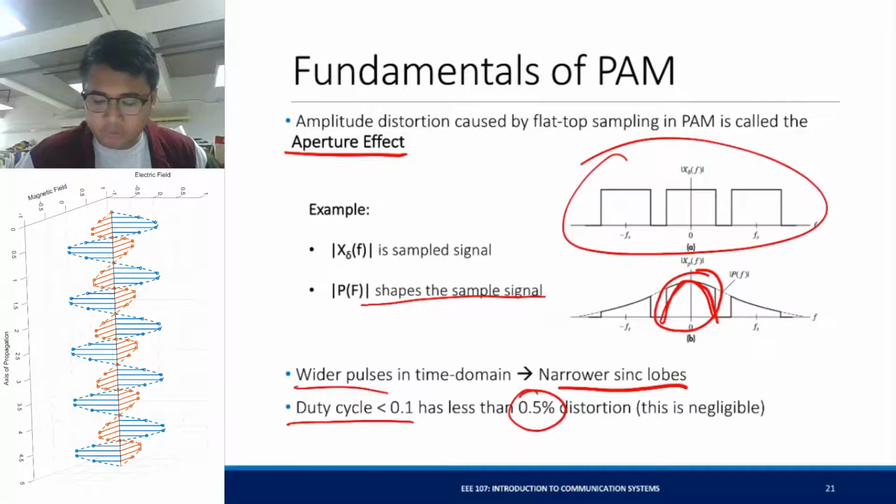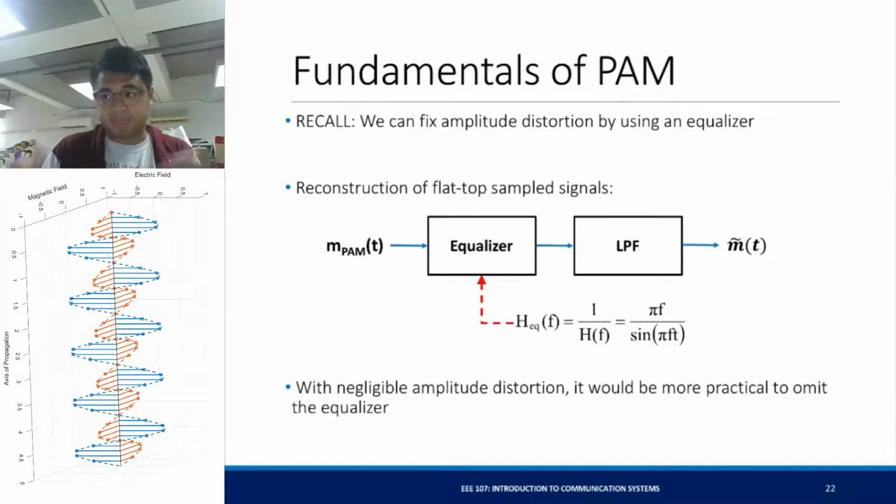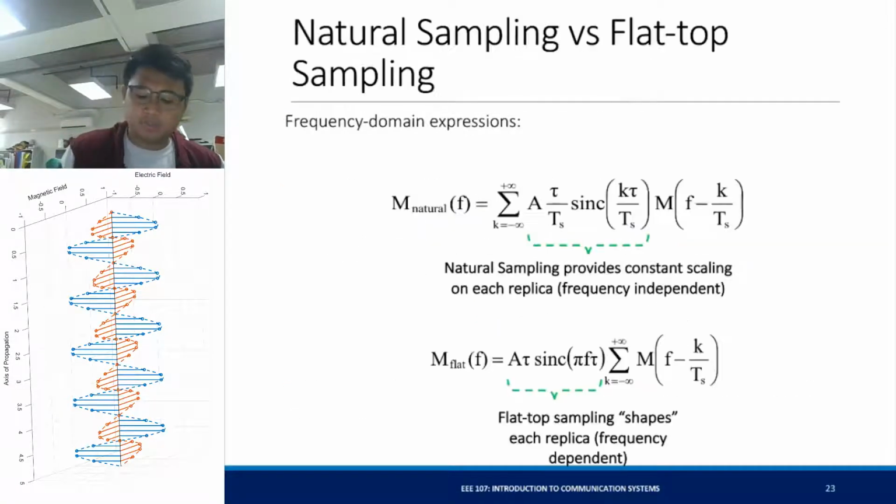Otherwise, you have to use an equalizer so that your signal will be restored to its original shape. That's what's happening here. We use an equalizer so that we can recover the signal. If we have a negligible amplitude distortion, it would be more practical to omit the equalizer though.